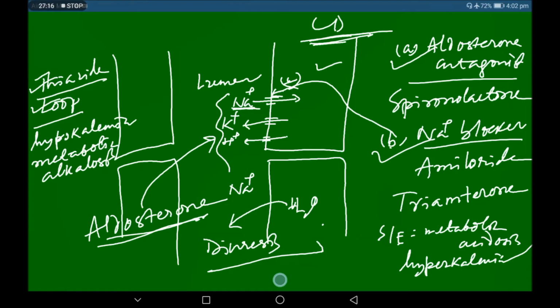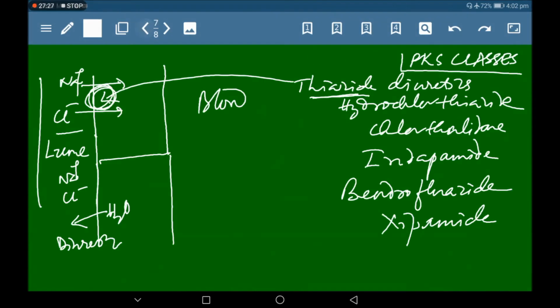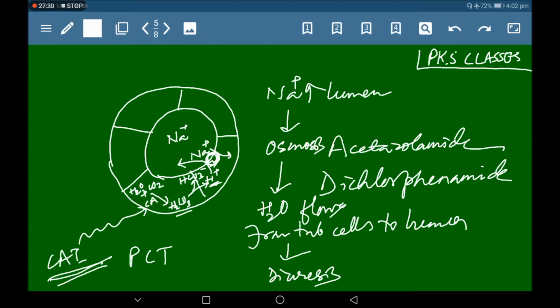Loss of potassium causes hypokalemia, the potassium concentration decreases, and since there is loss of acid, there will be metabolic alkalosis. So the thiazide diuretics as well as your loop diuretics both have side effects of metabolic alkalosis and hypokalemia.